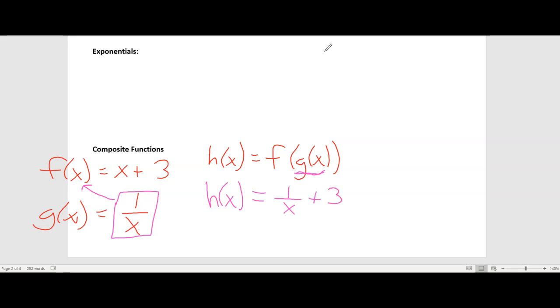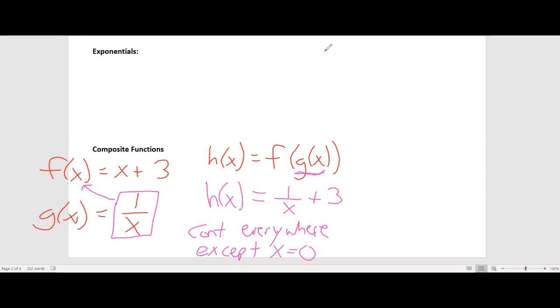And this function would be continuous everywhere except, hopefully you know which value I'm going to talk about, x is equal to 0.